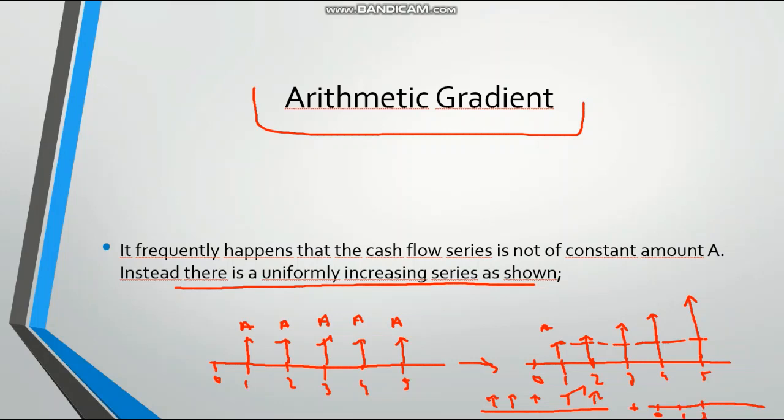The second year is the G term, then 2G, 3G, and the fifth is 4G, sorry, not 5G. This is the schematic way of showing how the arithmetic gradient occurs in cash flow.